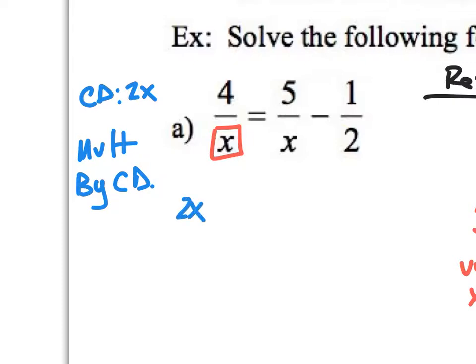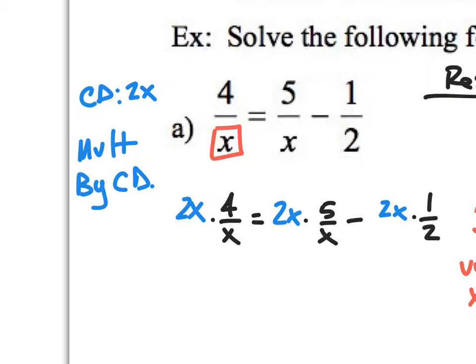I'm going to do 2x times 4 over x, and that's going to be equal to 2x times 5 over x minus 2x times 1/2.